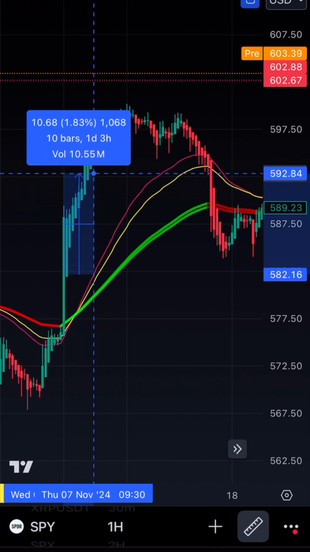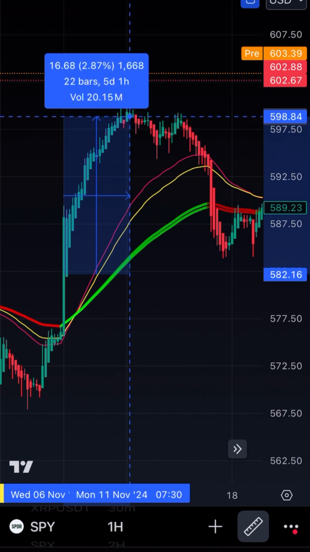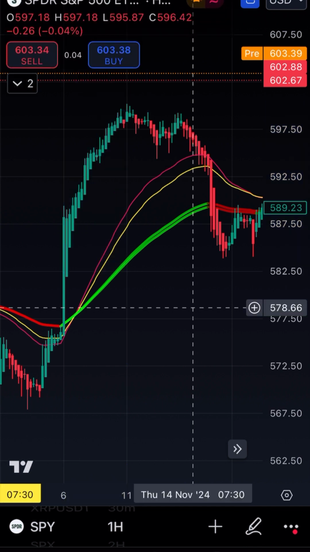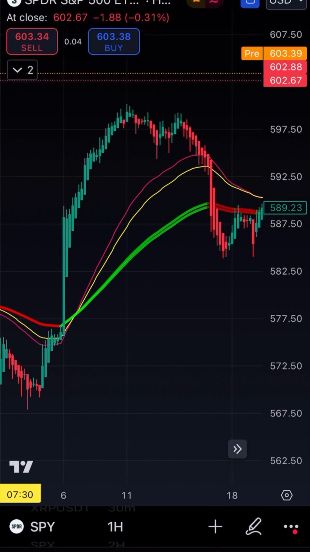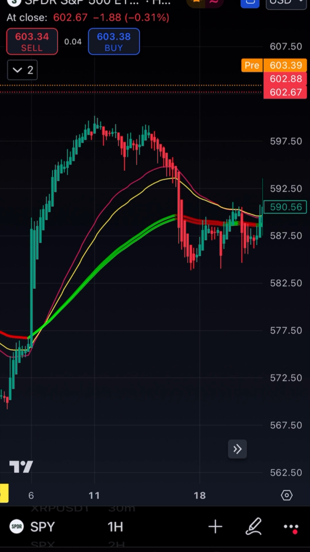And if you rode this out for 5 days, here's 5 days right here. From the moment of cross, we got a $17 difference in price with one contract. That's about $1,735. The cross happened on around November 6th.